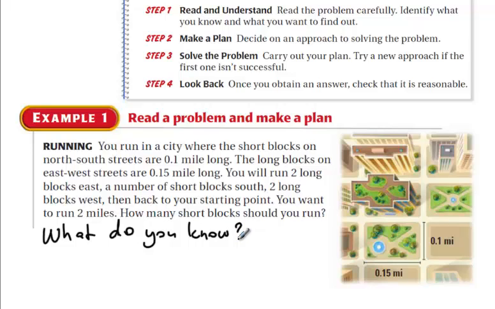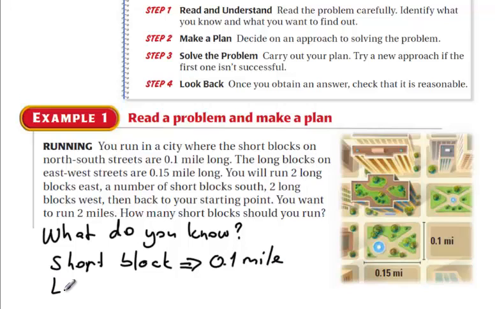So, in a city, on north-south streets the short block is 0.1 mile, and the distance of a long block is 0.15 mile.